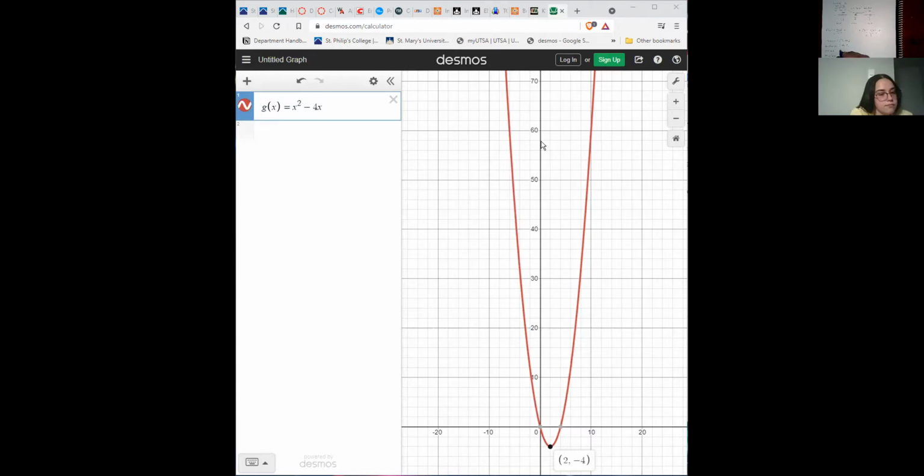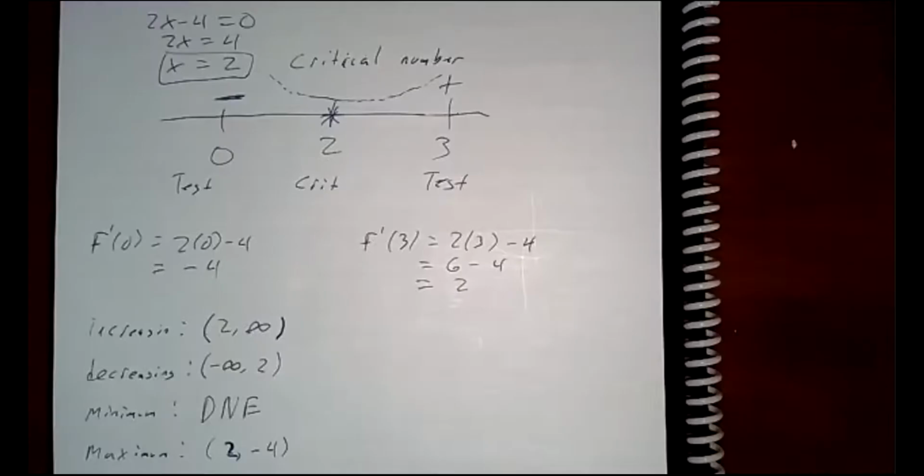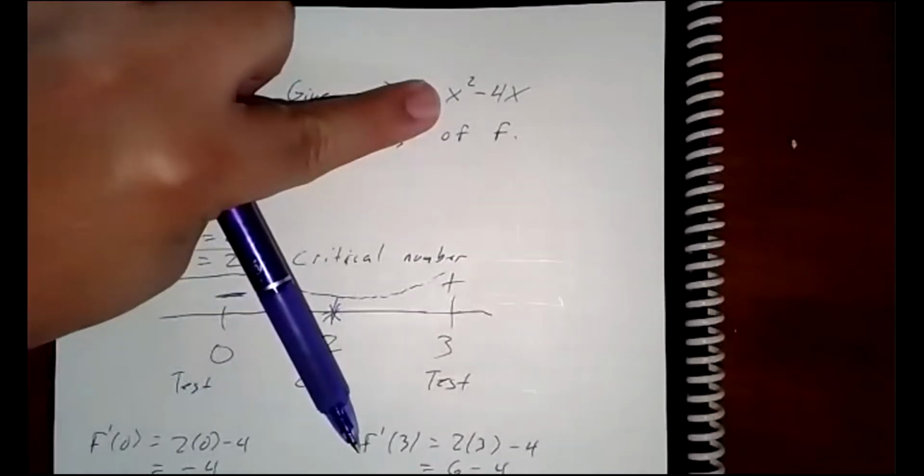So when that happens, you just put does not exist. But there is a lowest point. There is no highest point, but there is a lowest point, and that's going to be 2 comma -4. If you didn't graph it, you would have to plug the 2 into the original function to get the -4.